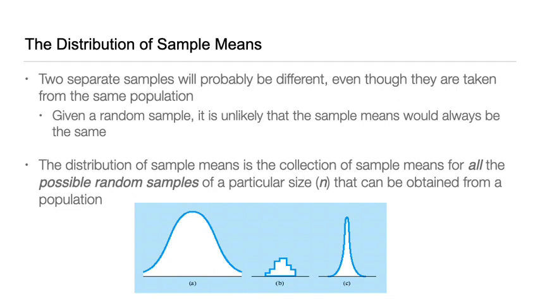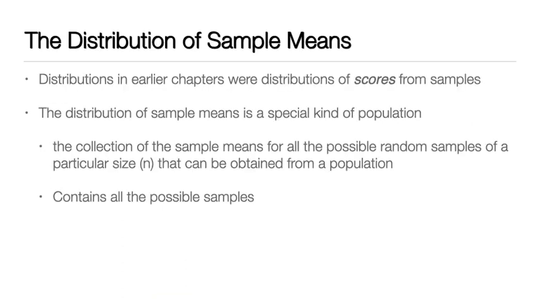So if we have a sample size of 10, we're going to have a distribution of sample means for a sample size of 10. If we have a sample size of 100, then we'll have a different distribution of sample means for a sample size of 100. Again, a distribution of sample means is really a special kind of population.